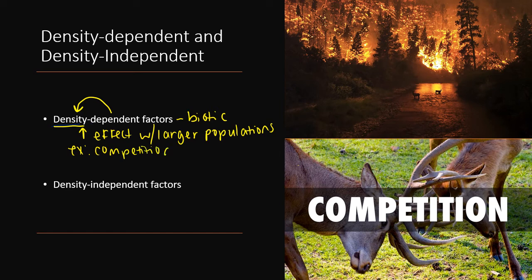You have more organisms in one small area, then you're going to have more competition because they're going to be competing over those limiting resources. All right, predation, right? If there's more bunnies around, then the wolves are going to be able to find them easier because there's just less space to go. All right. Disease. A disease can spread if there's higher population density. So think about some of the areas that were hit hardest with the coronavirus. Those would be our metropolitan areas or the areas that had higher population density.